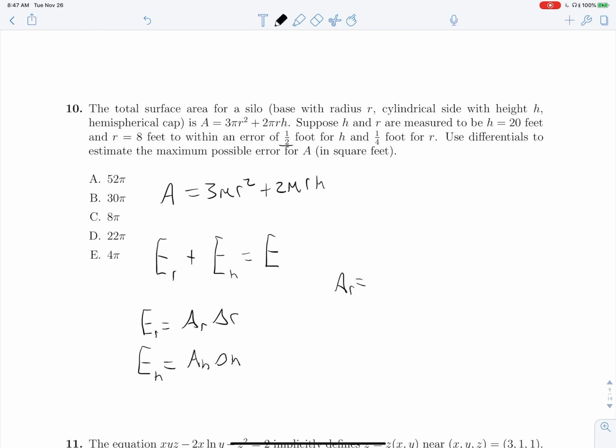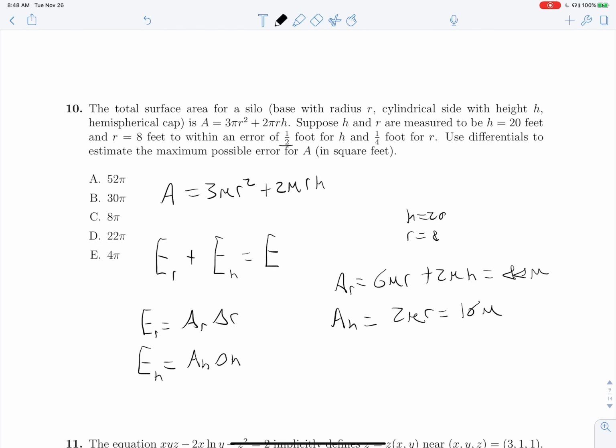AR is just our partial derivative of A with respect to R, which will be 6 pi R plus 2 pi H, whereas AH is going to be 2 pi R. So evaluating both of these at H equals 20 and R equals 8, we will get, let's see, 48 pi plus 40 pi, so 88 pi up here, and down here we will get 16 pi.